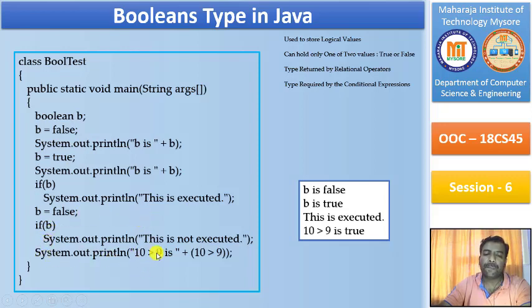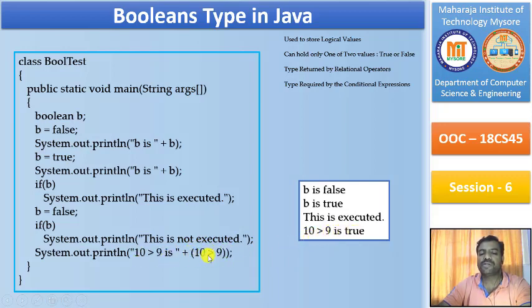I am going to use println to print the statement "10 greater than 9 is", and plus, that is concatenation, with the result of this relational operator. Now what does the relational operator return? It returns a Boolean value, either true or false. 10 is greater than 9, yes, it is true, and this will return true, and the true will be concatenated with this statement: 10 greater than 9 is true.